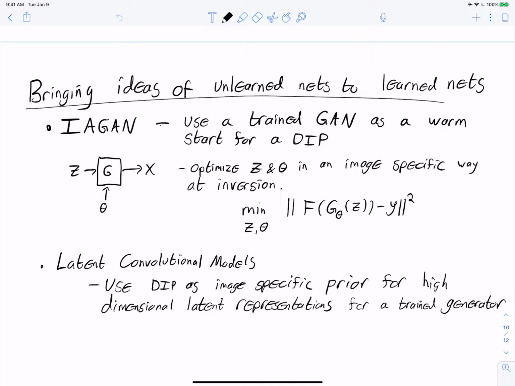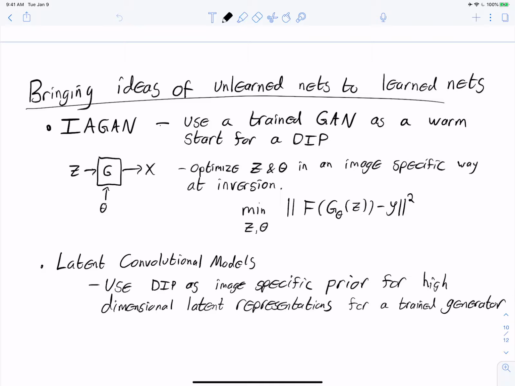But one common issue with GANs in particular is that they have representation error. Which is to say, for the fixed theta that you trained the GAN G to have, there may be no value of Z that's particularly close to the image that you're desiring. But we do know that it is possible to have neural network weights that contain that image, so hence the idea of optimizing the weights of the generator itself for this image.